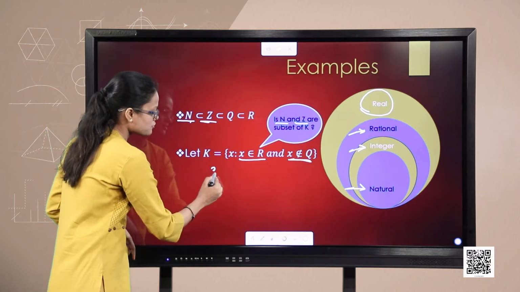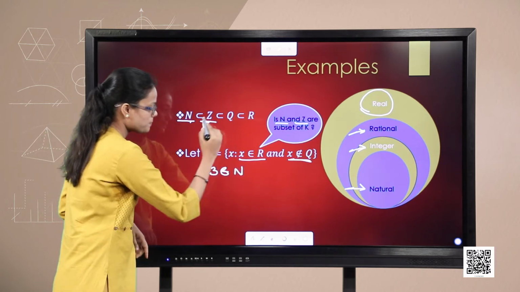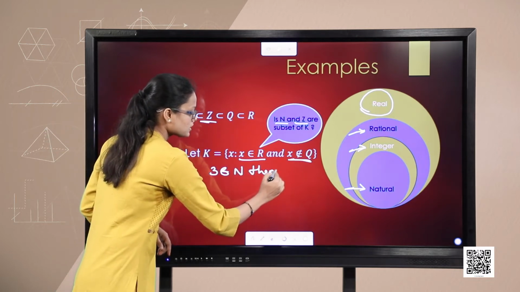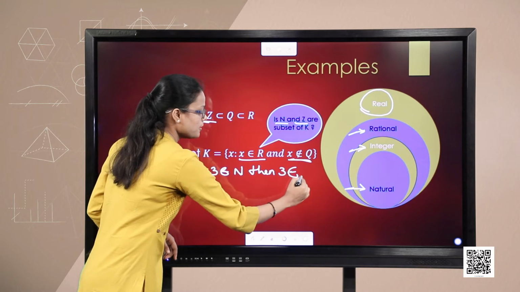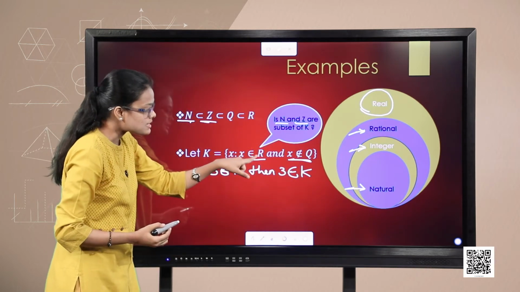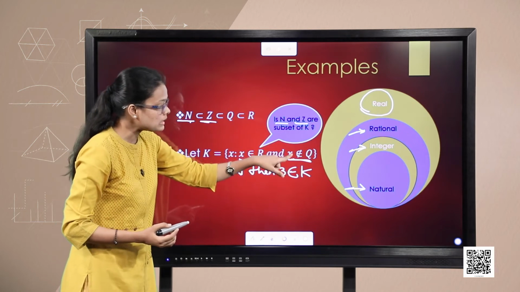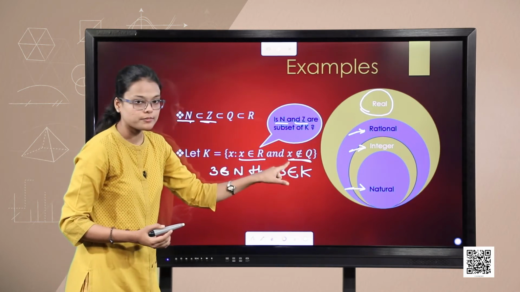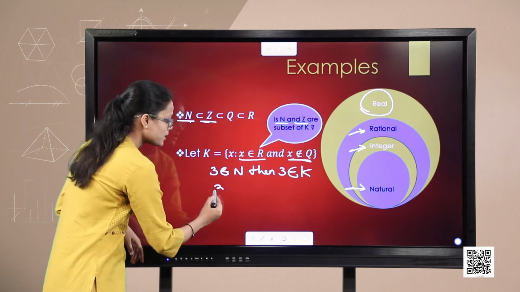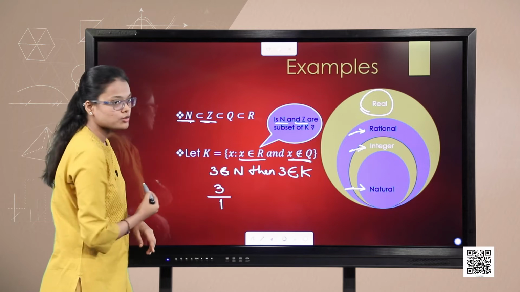So, that means if I take 3 as a member of N, then 3 also belongs to K, which implies 3 is a real number, but 3 is not a rational number. But we know that 3 can be written in p by q form.